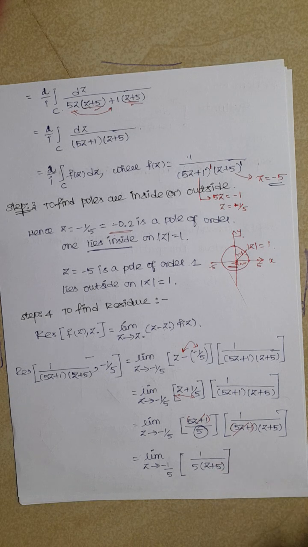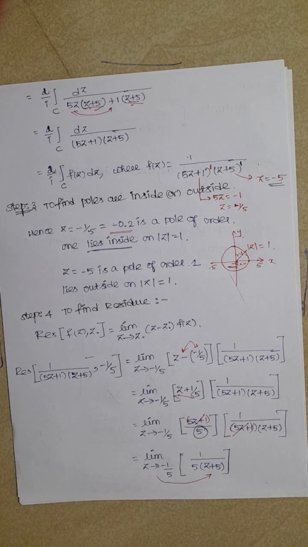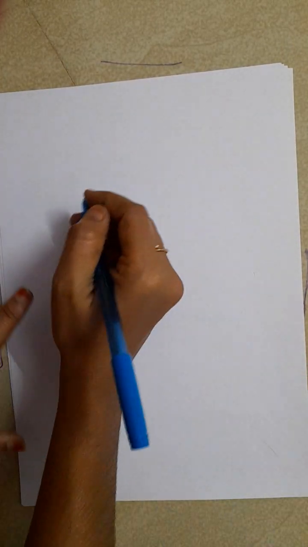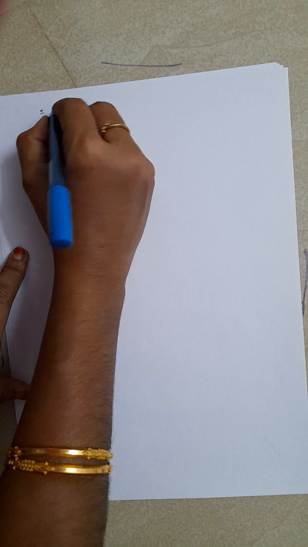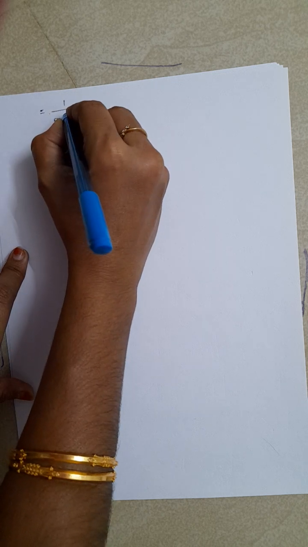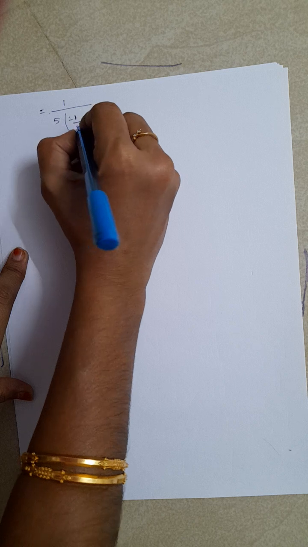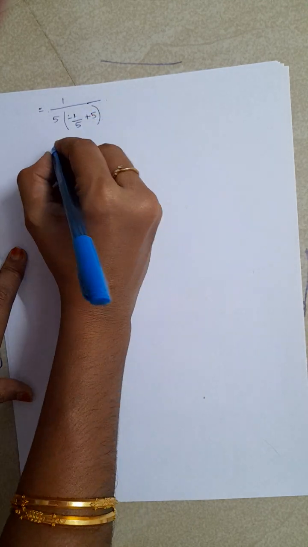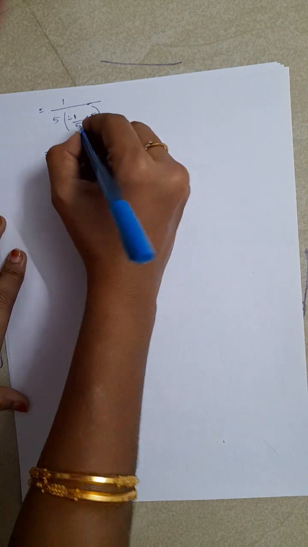Next step, you can substitute z equal to minus 1 by 5. So 1 by 5 into (minus 1 by 5 plus 5). Substituting and simplifying this term, 5 is common.